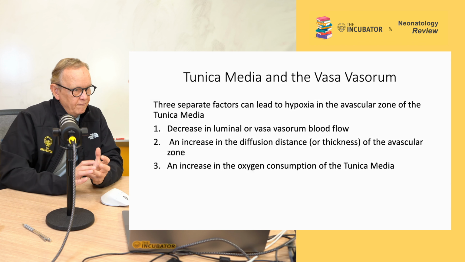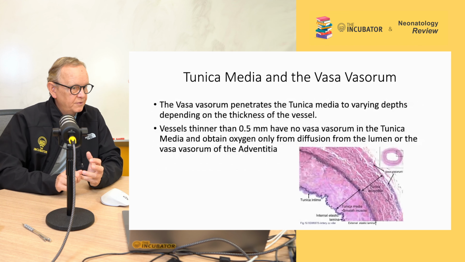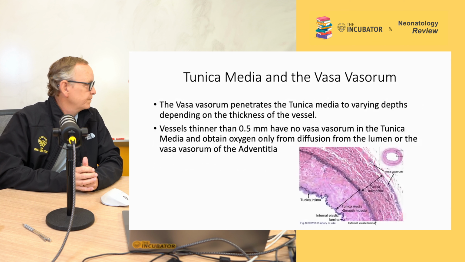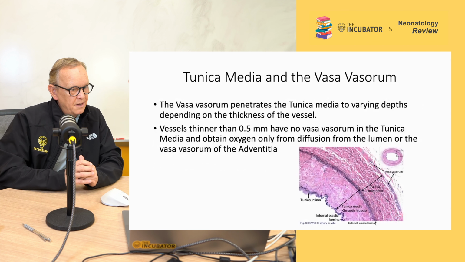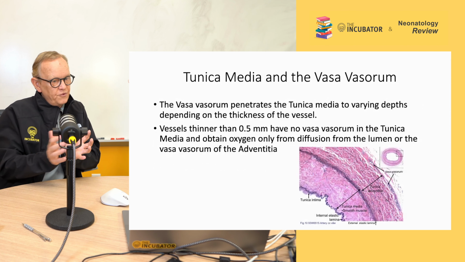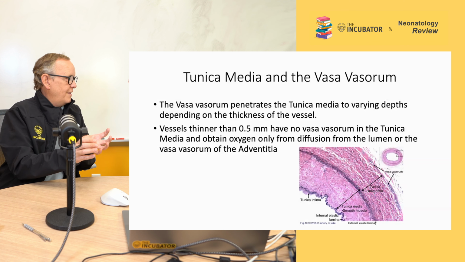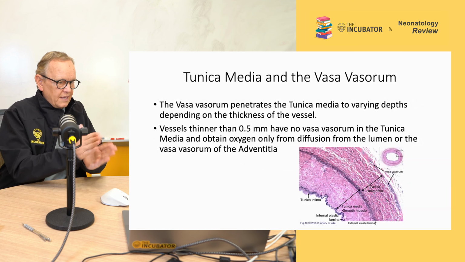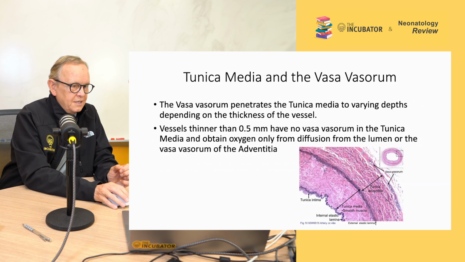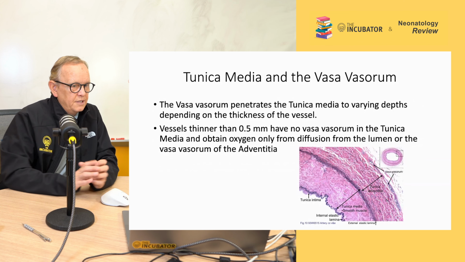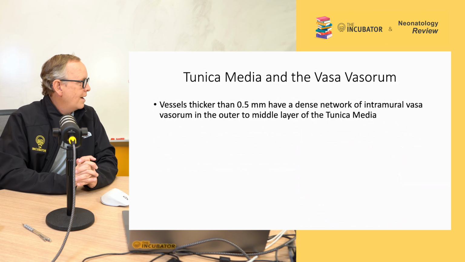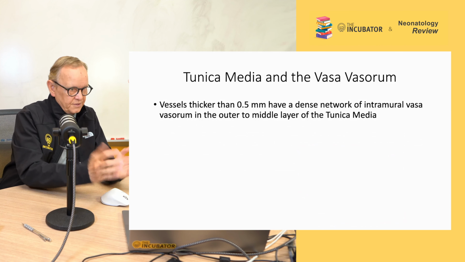Like I said, vessels thinner than 0.5 millimeters have no vasa vasorum, and the tunica media obtains oxygen only from diffusion from the lumen or the vasa vasorum of the adventitia. That's a very vulnerable thing, and this becomes pertinent to us when it comes to the ductus. It's just a summary slide.